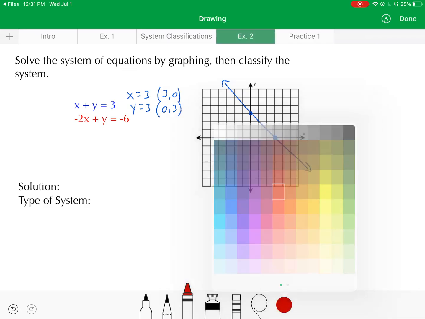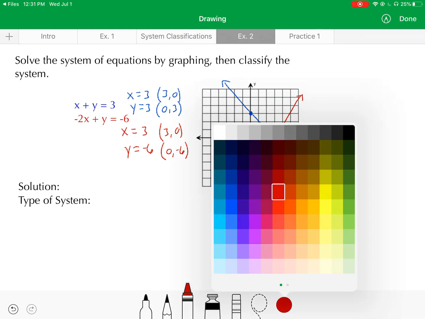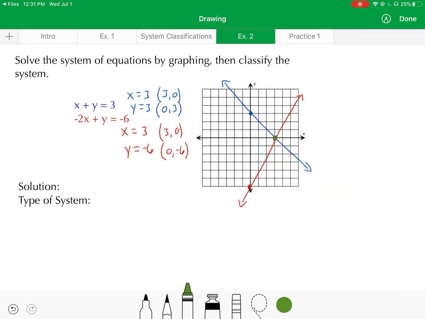The second equation has an x-intercept of 3, and it has a y-intercept of negative 6. So here's the second line, and you can see they are intersecting at one point, that x-intercept.